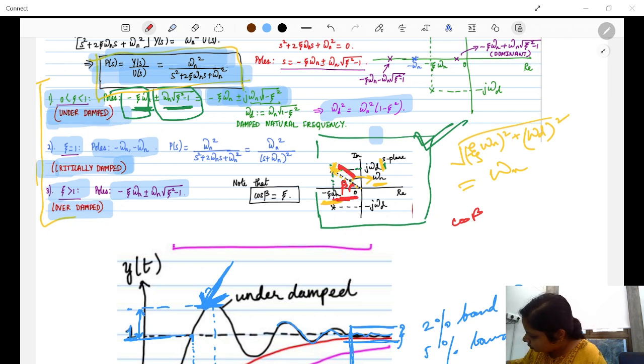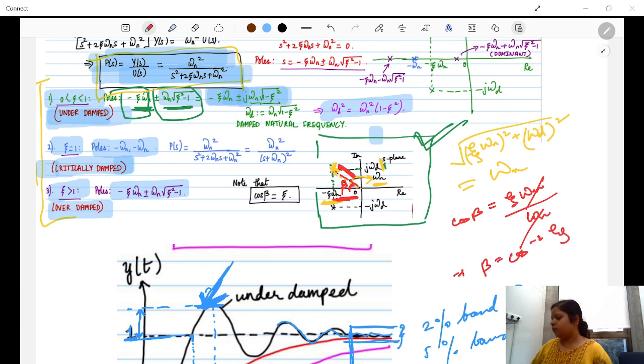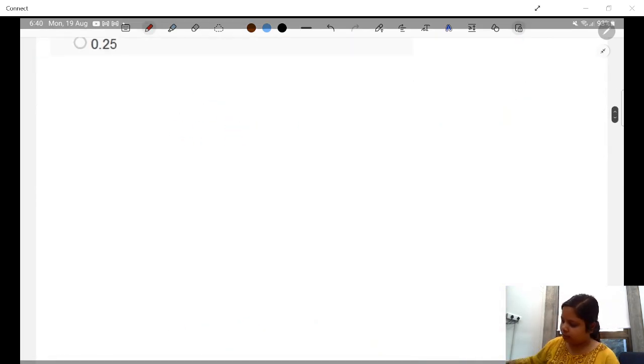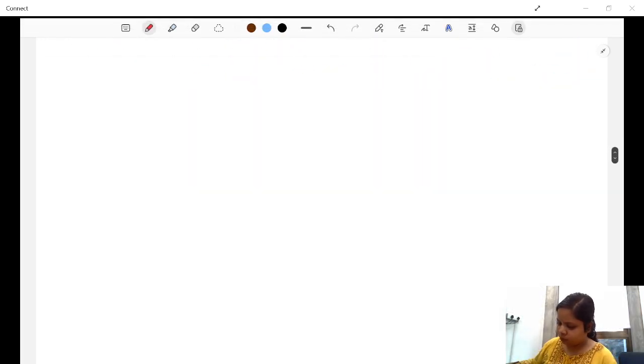So this is zeta omega n, and this is omega n. Omega n cancels out, and the beta you get is cos inverse of zeta.